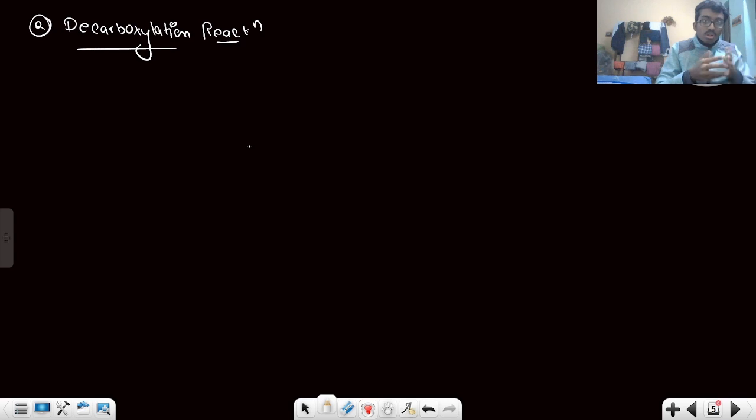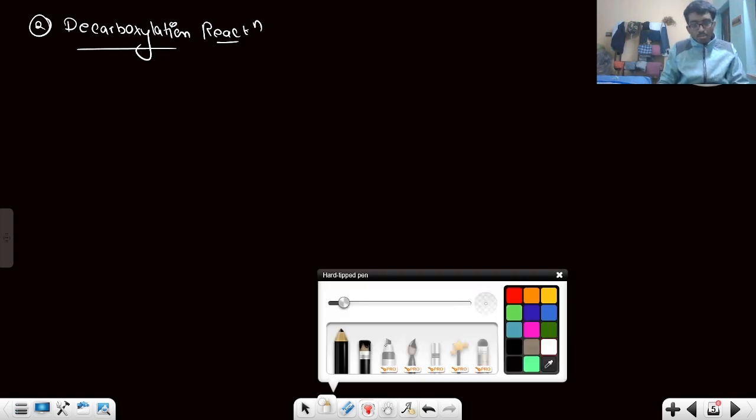So what you are removing? Carboxylic group. Clear? So you are removing a carboxylic group, you are decreasing the number of carbons. So reactions where you have to decrease the number of carbons, you will be using this reaction, decarboxylation reaction.